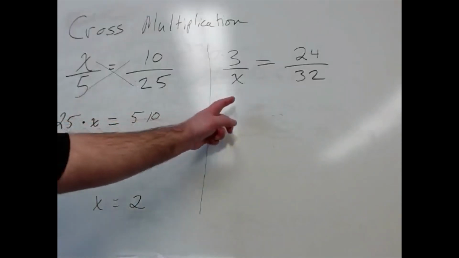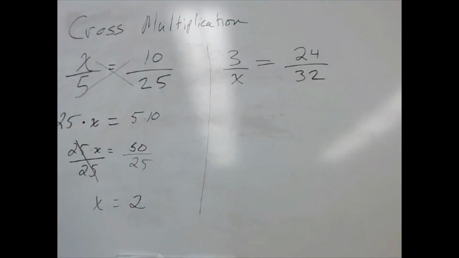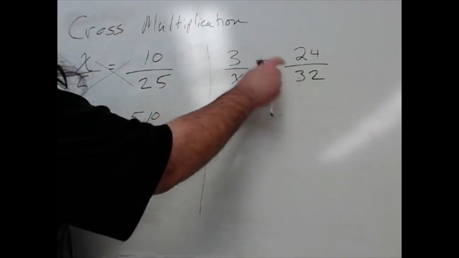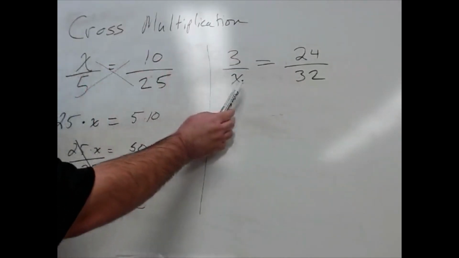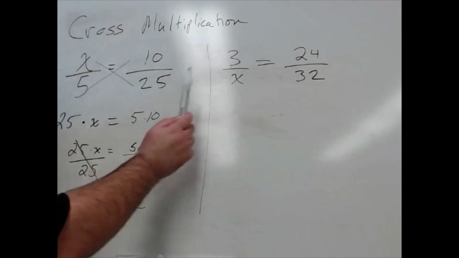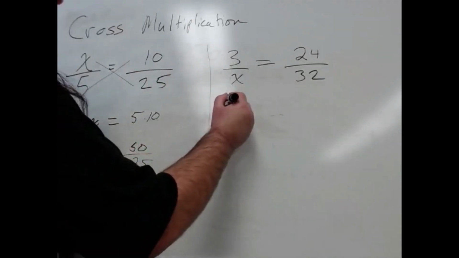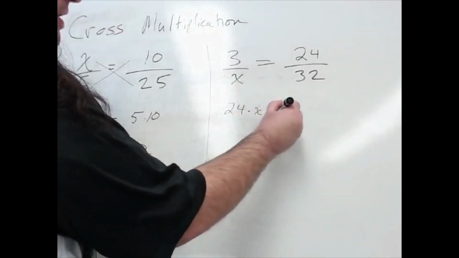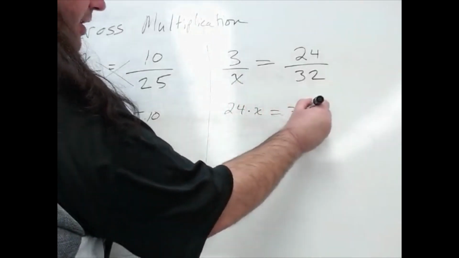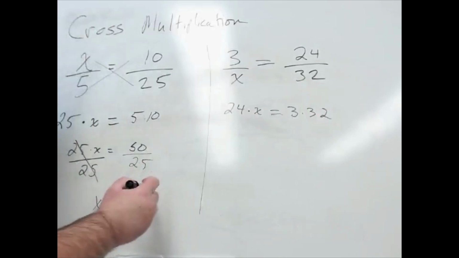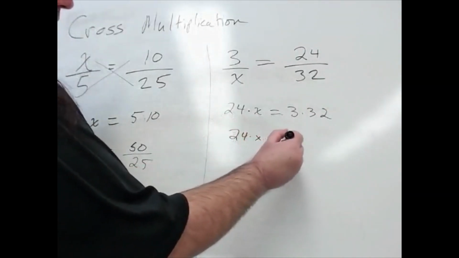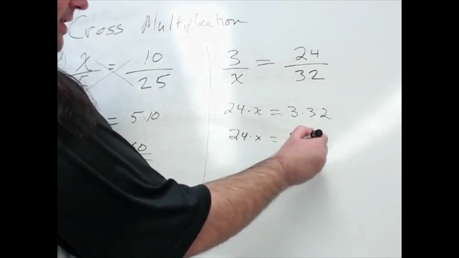Now we try this one here. Well, the same deal must happen, right? So 3 times 32 must be equal to 24 times whatever x is. So 24 times x equals 3 times 32, which is 96.